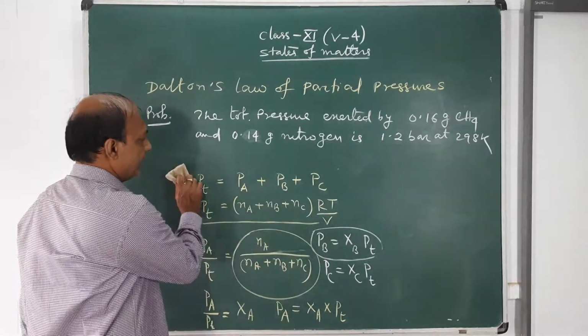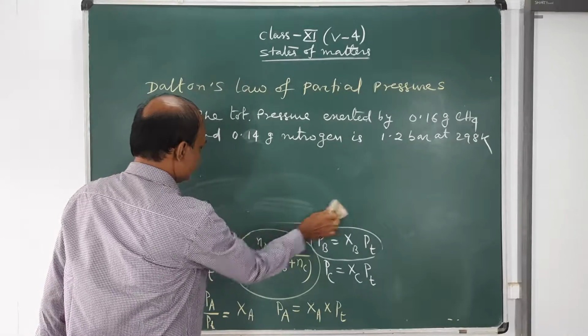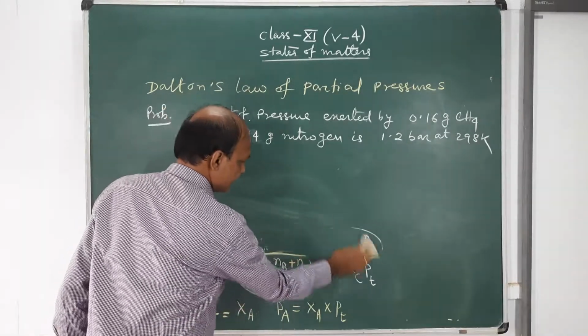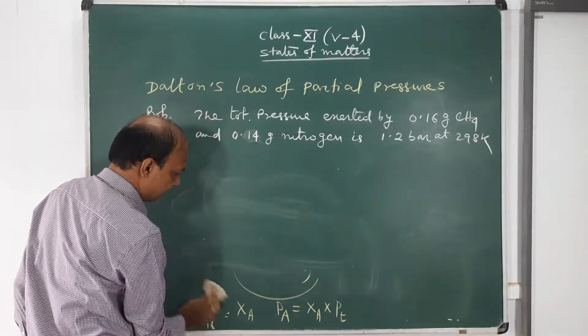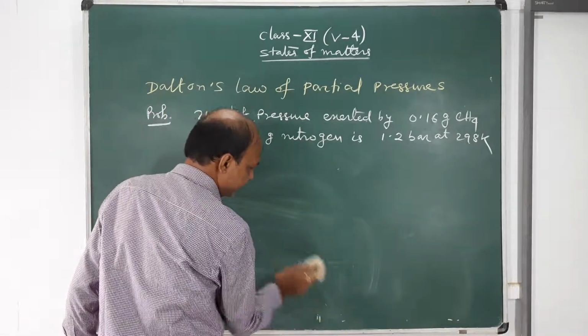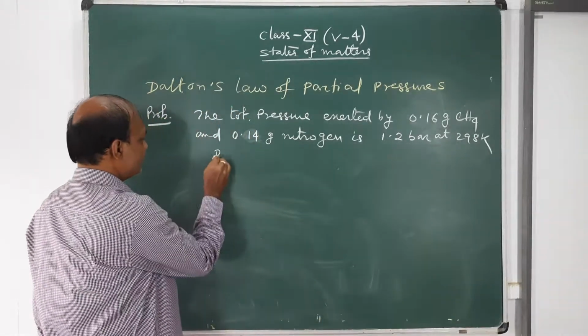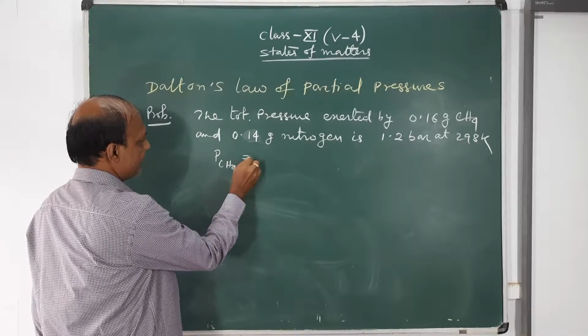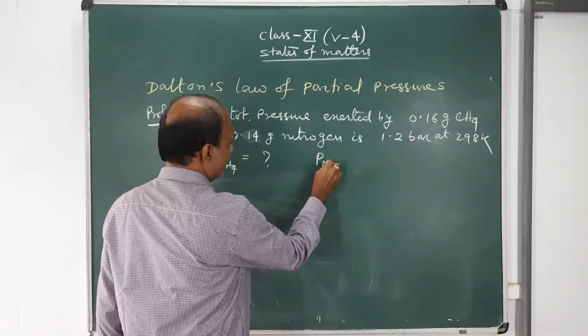So we have a mixture of methane and nitrogen. Their weights are given. This is given. Now, what are their partial pressures? You have to find the partial pressure of methane and the partial pressure of nitrogen. So this is our question.